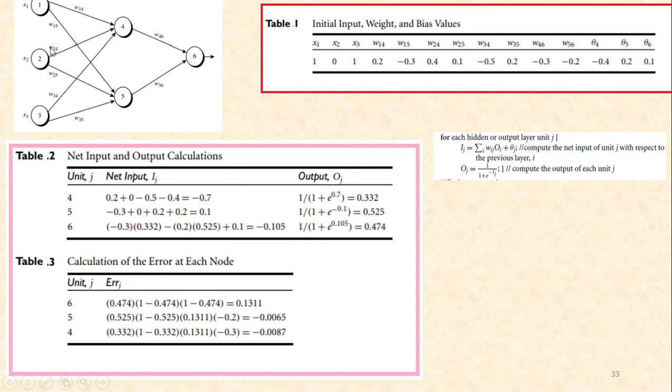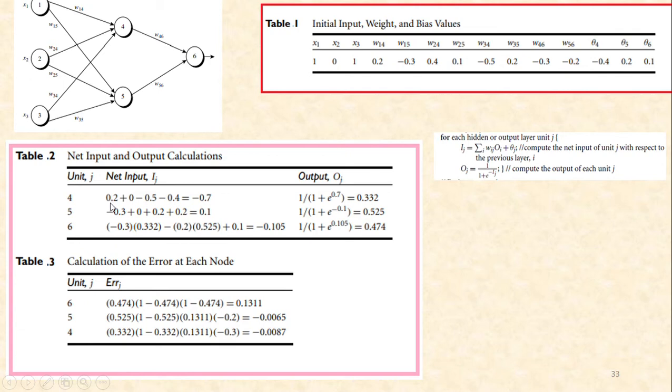The corresponding input to this neuron, that is the input from neurons 1, 2 and 3, is 101. That is given in the question. So to calculate the net input, you have to multiply x1, that is 1, into W14, which is 0.2.